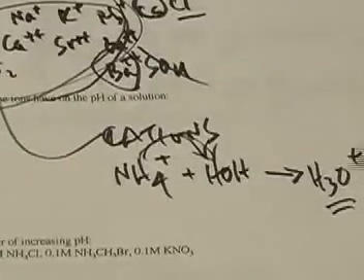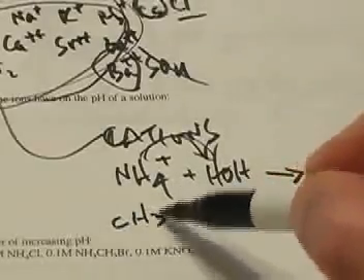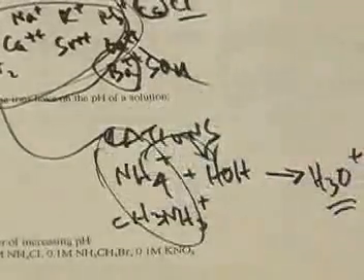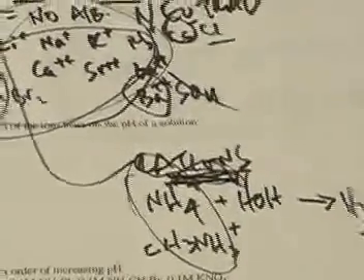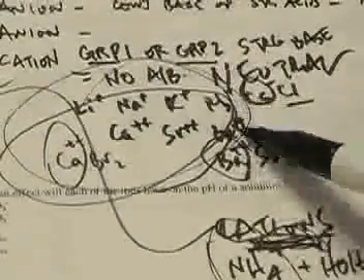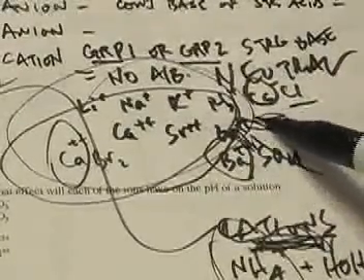Some other examples of these types of cations are like, for example, CH3NH3. Okay, another example of a nitrogen-containing type cation. It's got to have a positive charge, and it's got to have a hydrogen that can give away. And generally, you recognize these by saying, "Oh yeah, they're cations, and they're not one of these strong bases."